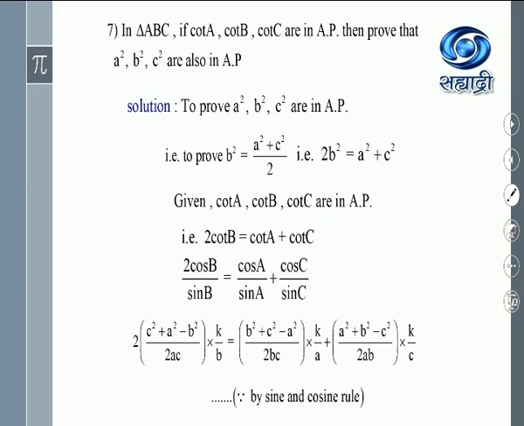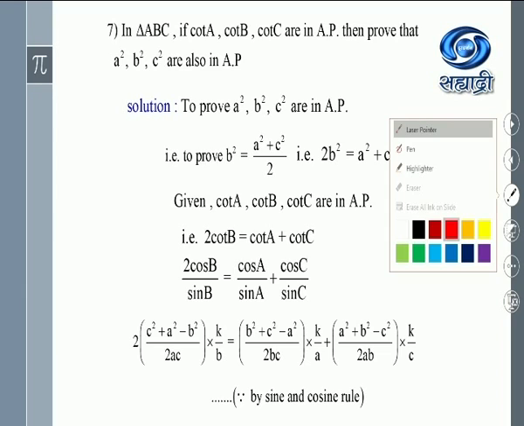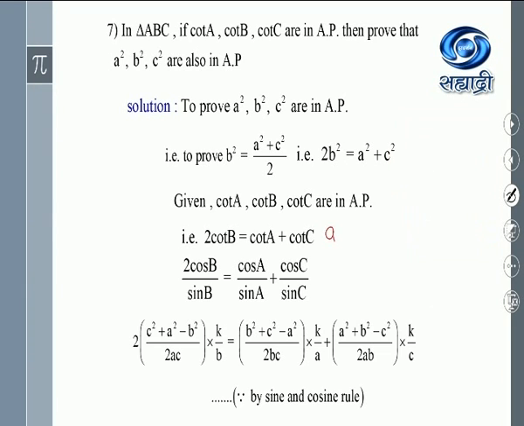We know A upon sin A is equal to B upon sin B. This rule we studied, sine rule. B upon sin B is equal to C upon sin C. And this is equal to actually 2R, but we can write that as K, as a constant.